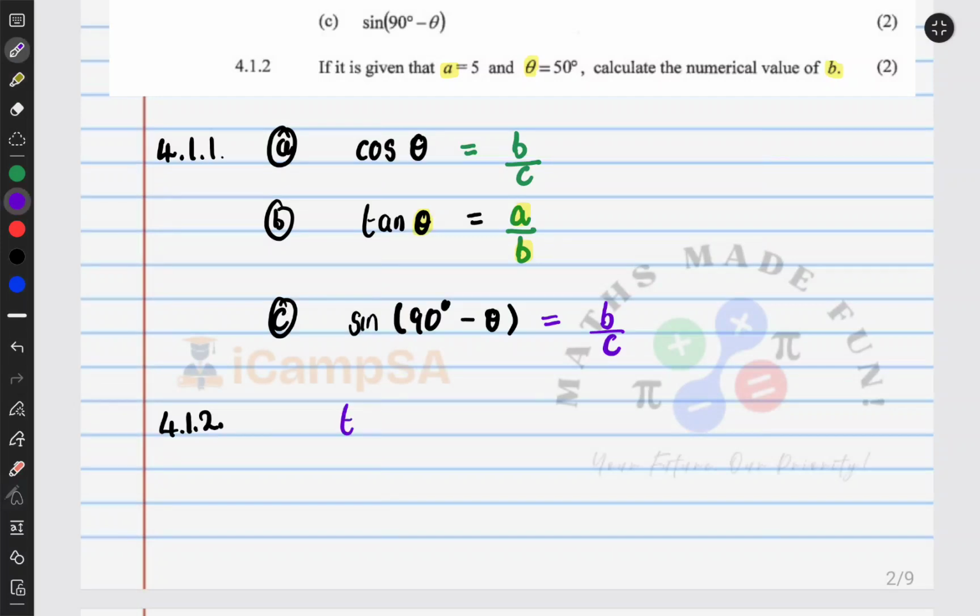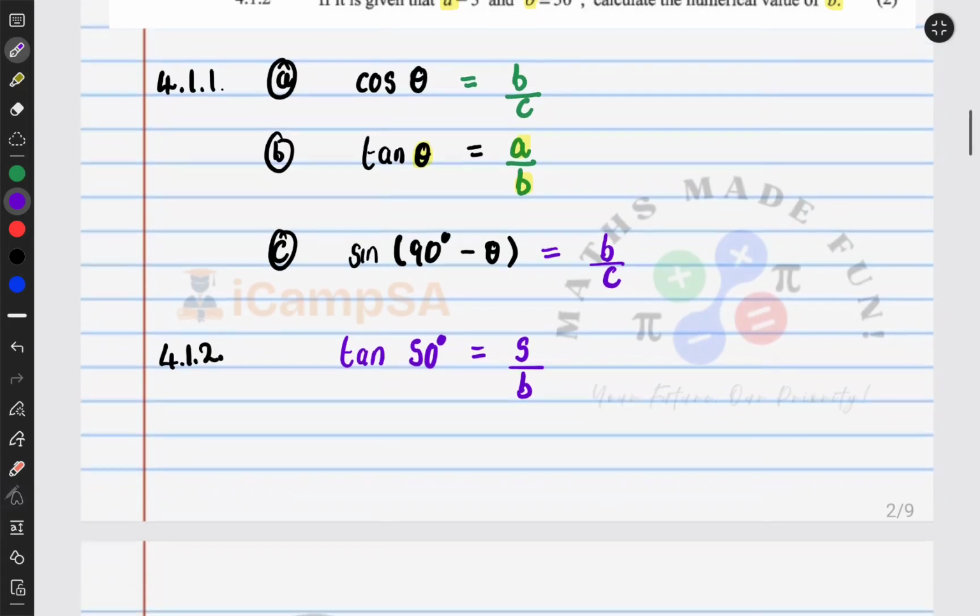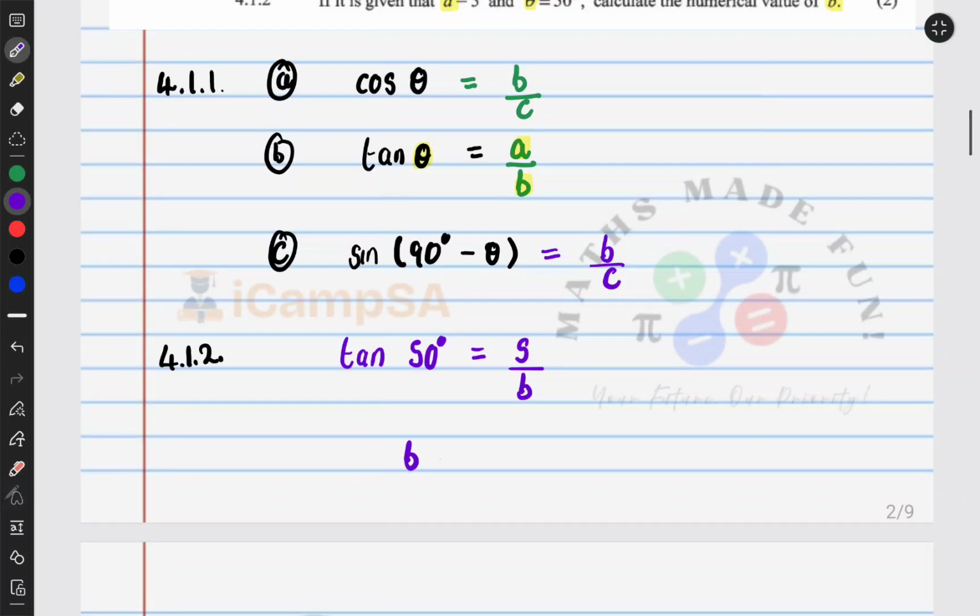When we come here, we see that tan theta has theta, B and A. So we can use that to determine the value of B. We say tan 50 degrees is equal to A, which is 5, over B. We just have to solve for B. B is equal to 5 over tan 50 degrees.